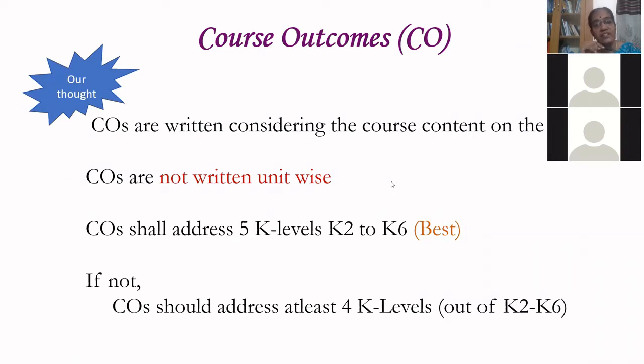So that is not advisable. So we can have a minimum number of K levels, but this is institution dependent. Your institution can decide what type of methodology you are going to use for writing COs. But it will be better if you write all the K levels. Some colleges are adopting this scheme, writing all the K levels in order depending on the course.